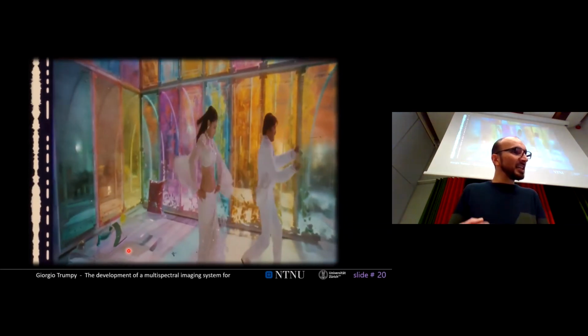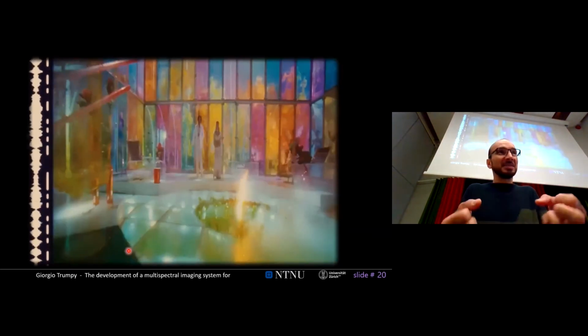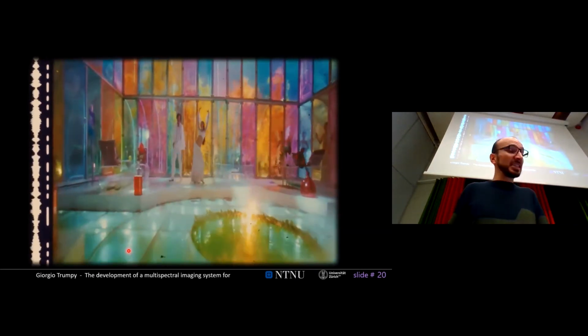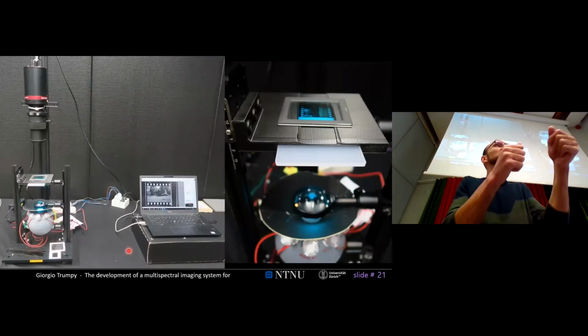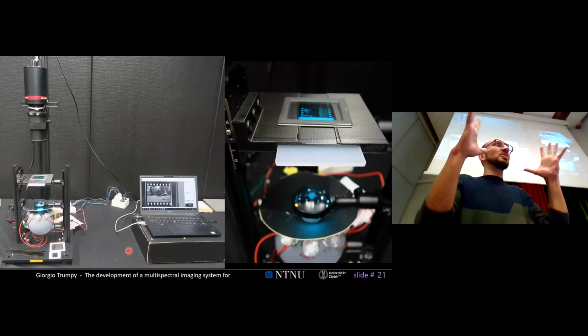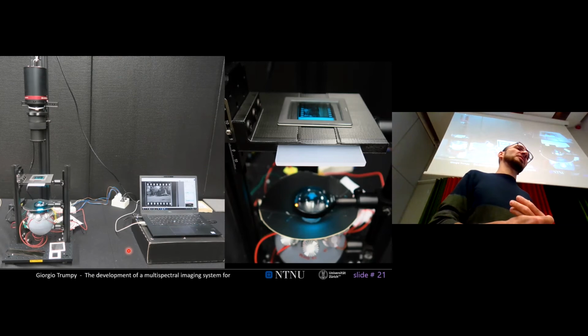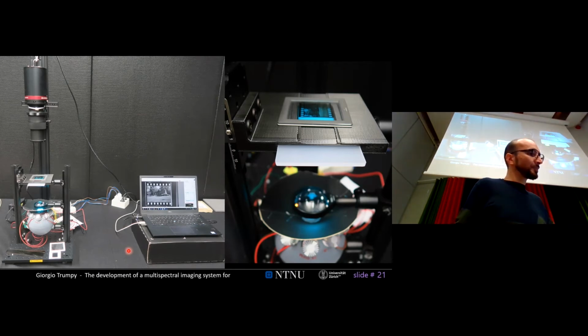When you see these vivid colors, it is the high color separation that emphasizes the color saturation, but it emphasizes it too much, because when you handle the film, you don't see those vivid colors. It's just an excessive enhancement of color saturation. So for all these reasons, we built this.